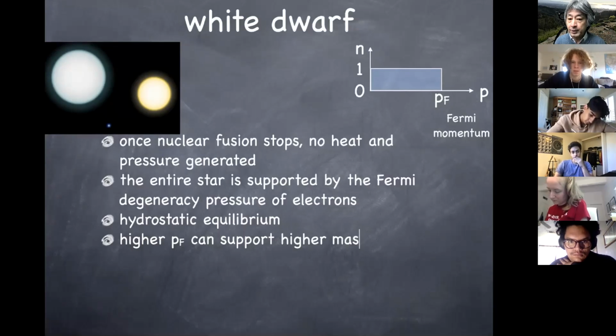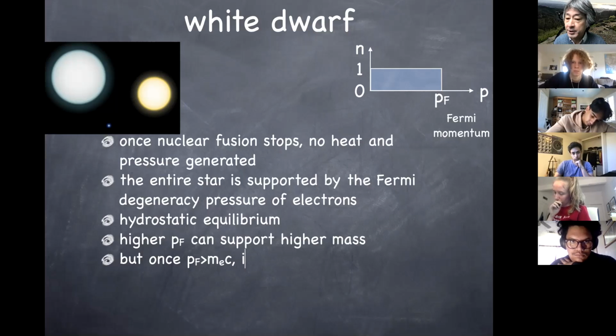And if you actually go to the real number of electrons you might have in an entire star, which is of course a huge number, even much beyond Avogadro's number, you need to have a pretty high Fermi momentum to sustain that mass. And it basically becomes totally relativistic.